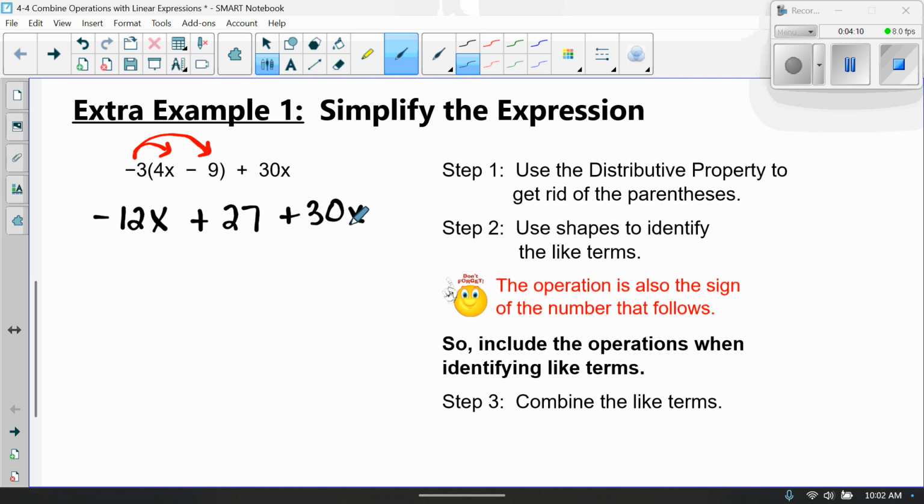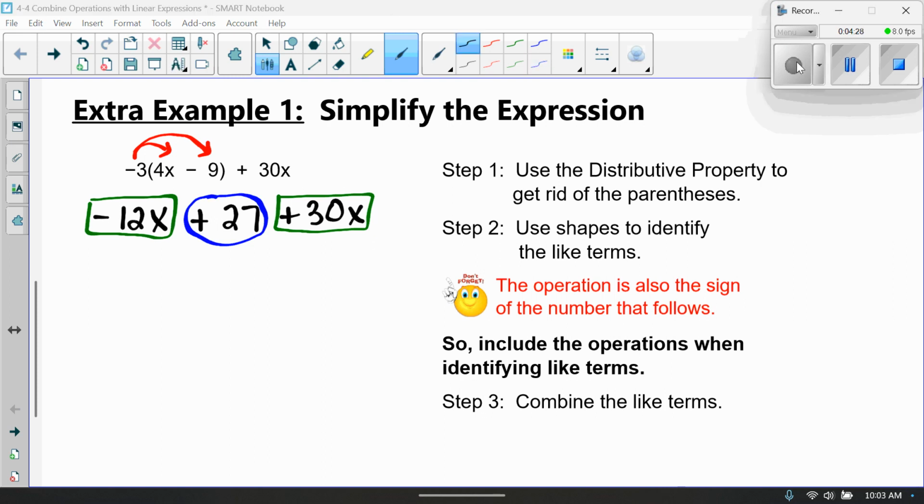So parentheses gone. Now I combine my like terms. So we're going to use our shapes to identify the like terms. So we've got some x terms, and we have our constants. So now we can combine our like terms.